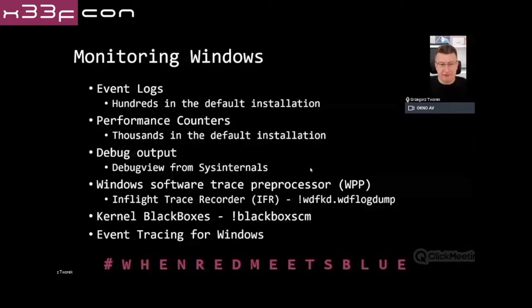We have kernel black boxes, which are black box content being constantly updated within the memory in a well-known place to allow you to read the content of the black box when your system crashes, because the content of the black box goes to the dump as it stays in the memory, and it is easily visible within the debugger if you open the dump.